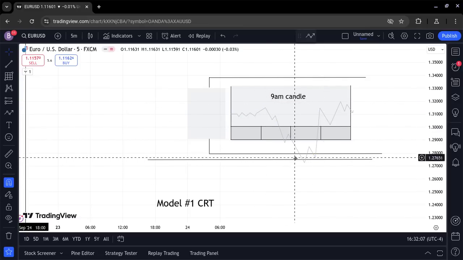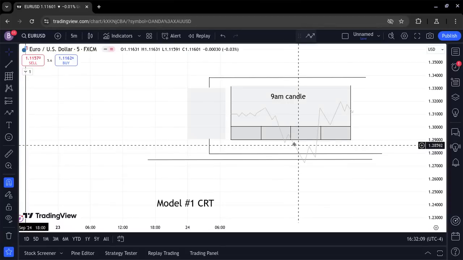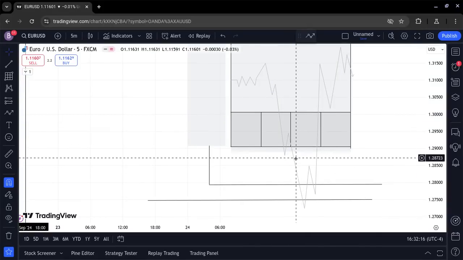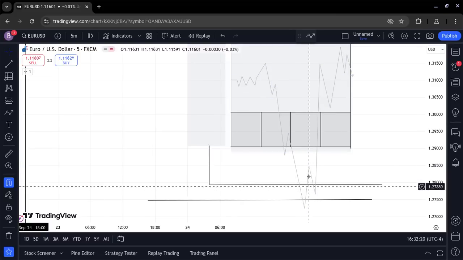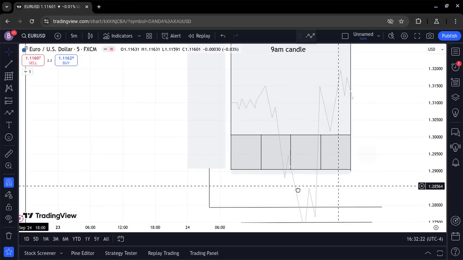In this leg we have an IFVG, okay, on a 5-minute or a 15-minute time frame, anything which you choose, an IFVG which does not get an FVG which does not get flipped to an IFVG.